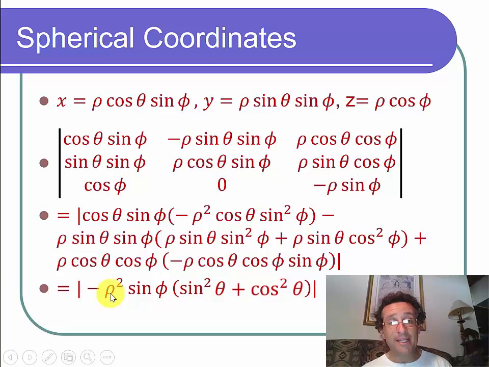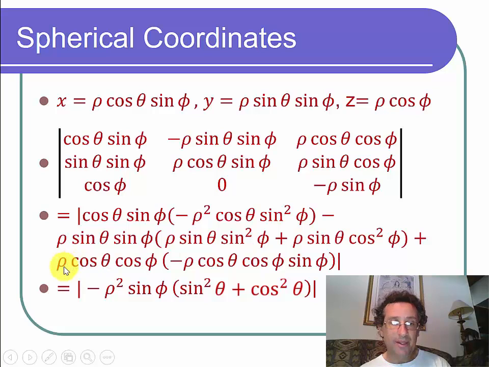So if I pull out a negative rho squared sine phi, then what I'm left with is this goes away. I just have the cosine theta here times the cosine theta, so I get cosine squared theta times a sine squared phi. And then over here, we'd already noticed that we have the rho squared sine phi, and I'm left with sine phi times the sine of theta.